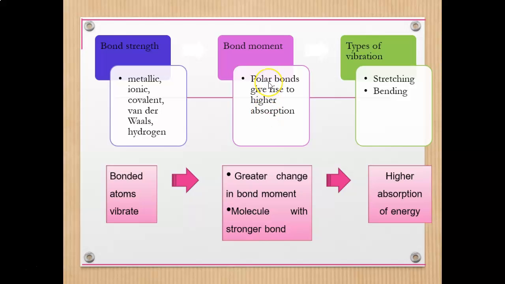Okay, a polar bond is in a compound that has an OH structure. And for types of vibration, we have stretching and bending depending on the types of molecule and atom. So bonded atoms will vibrate first after they absorb the infrared radiation, and a greater change in bond moment and a molecule with stronger bonds will produce higher absorption of energy.